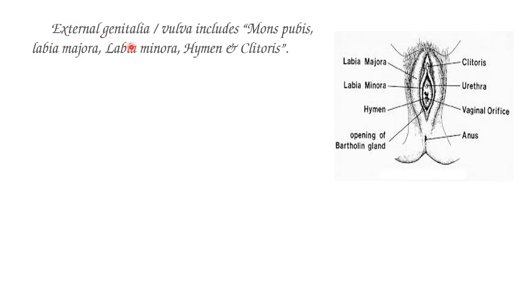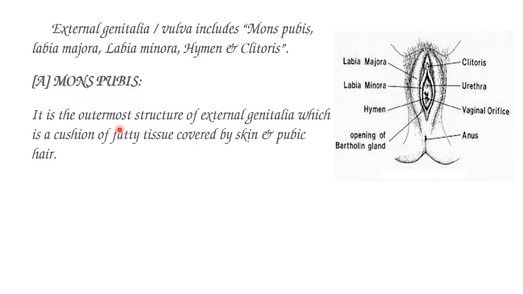External genitalia. External genitalia are also called the vulva, and include mons pubis, labia majora, labia minora, hymen and clitoris. Mons pubis is the outermost structure of the external genitalia, a cushion of fatty tissue covered by skin and pubic hair. Let's see the diagram.